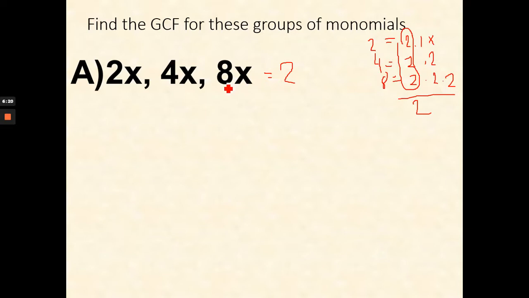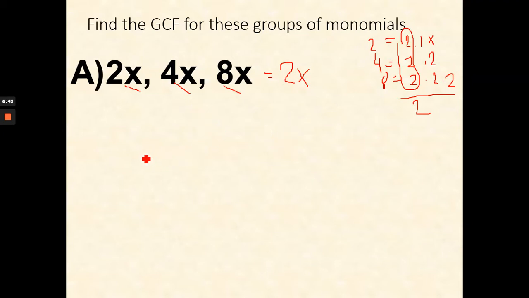That is just the common factor of the coefficients. How about the variables? We have x here, x here, and another x here. Therefore, x is common to those three. Therefore, the greatest common factor will be 2x.